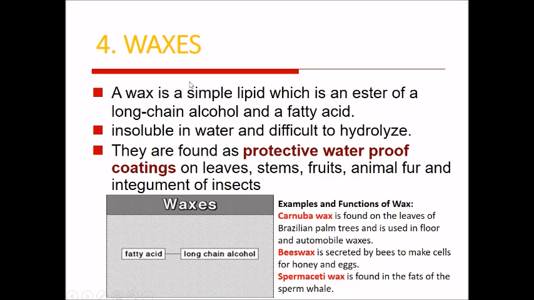Wax is, of course, insoluble in water and very difficult to hydrolyze, and it can be found as the protective layer in the leaves, stem, and fruits, and animal fur, so as to reduce the loss of water from the surface or from the skin of the animal fur and also from the leaves.